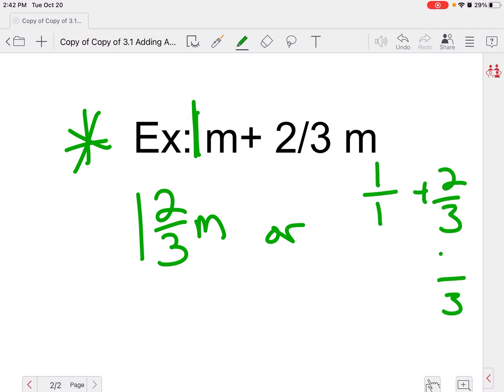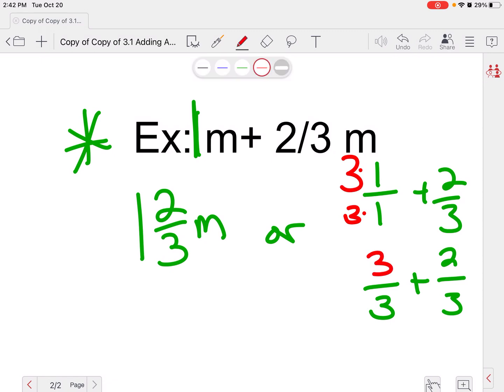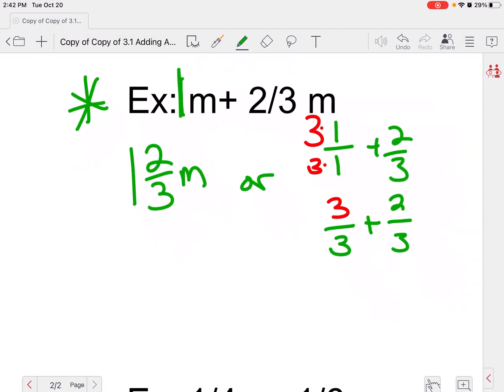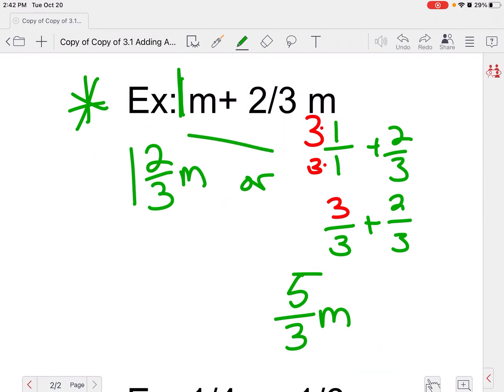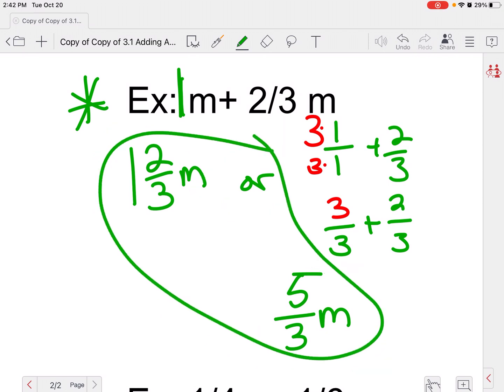So our common denominator is 3, so that's going to stay the same. So I'm going to multiply top and bottom by 3 here to get 3 over 3, plus 2 over 3, which would be 5 over 3, so that would be 5 over 3 m. So either of these answers would be acceptable. Okay, I'm going to redraw that just because I crossed out the letters. Okay. And again, remember, through any of these videos, you can pause at any time to catch up, okay?